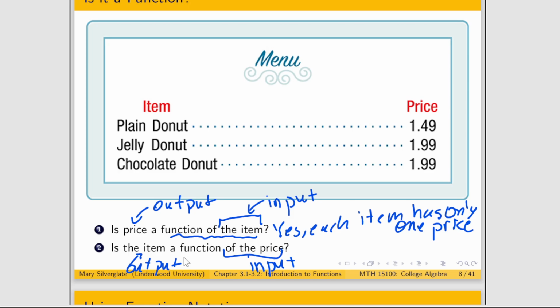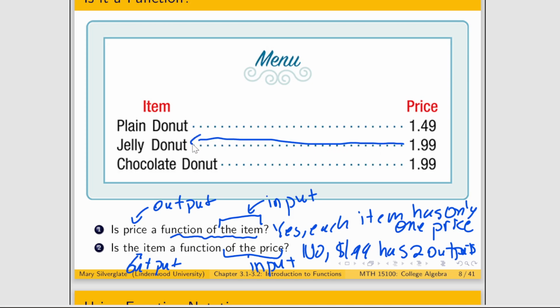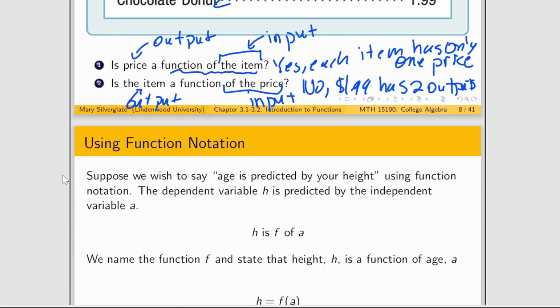It does not. And specifically, which price is the problem in terms of filling this definition? The $1.99 price, because $1.99 could have two different outputs. Could be that if you pay $1.99 you got a jelly donut, or maybe you pay $1.99 and got a chocolate donut. I don't know without inquiring further, so the other way around does not work.